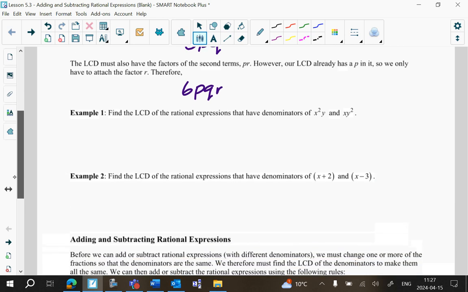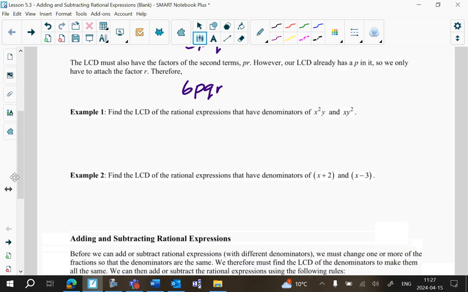So let's take this one. x squared y and xy squared. What do you think? x squared y squared is correct. Because I know it has to have an x squared in it because of the first denominator.